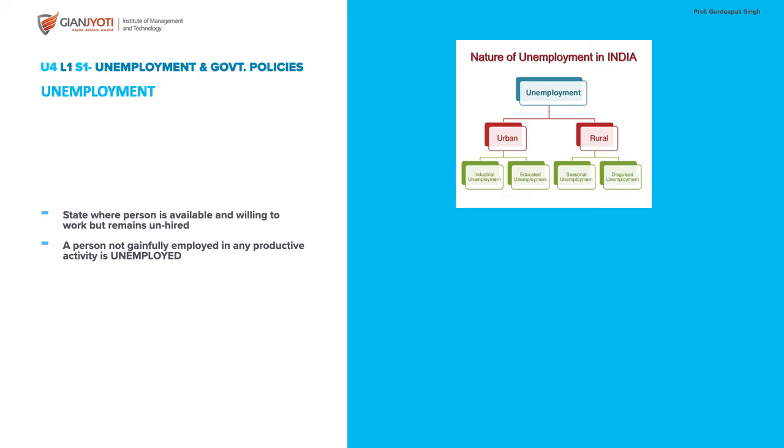When we talk about rural unemployment, number one is seasonal unemployment. If you talk of agriculture, 40 to 45% of the workforce is in agriculture. Now, agriculture is a seasonal employment, so it cannot provide full employment throughout the year.